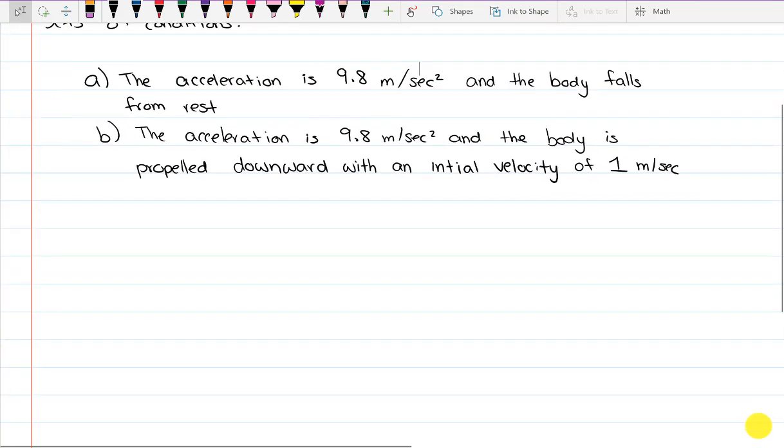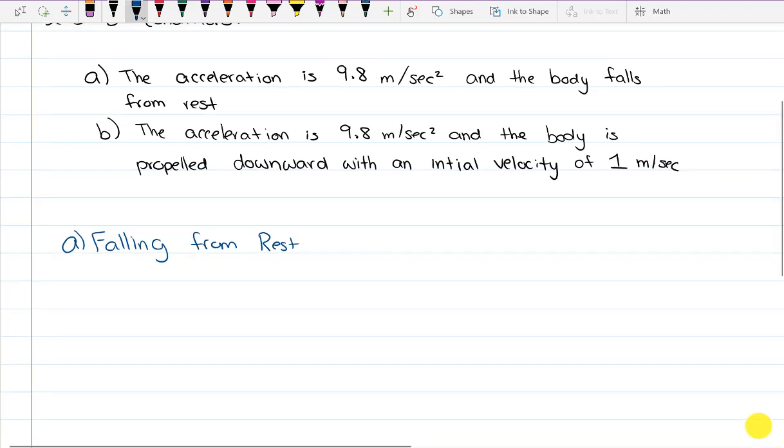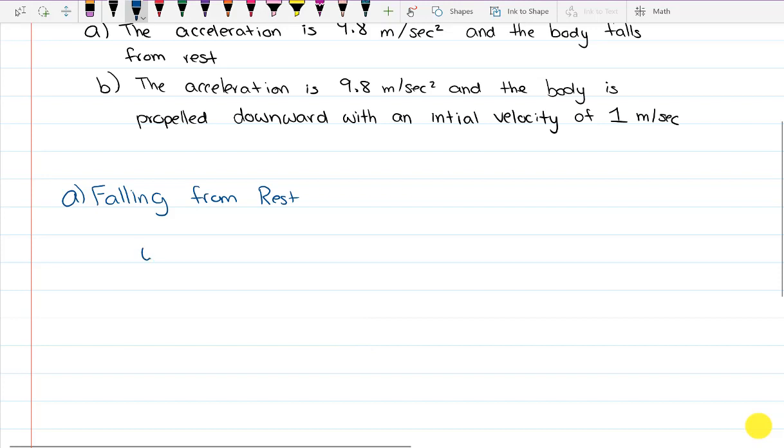So let's start with part A. Falling from rest. So what we know is that when it falls from rest, we're starting without moving.